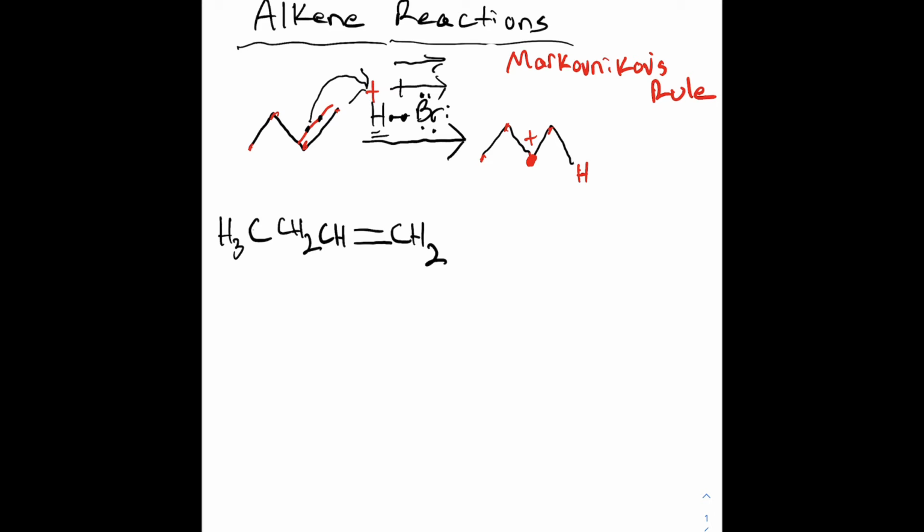So what happens when these electrons reach out and grab this hydrogen? This hydrogen leaves behind its electrons, and these electrons stay on the bromine. So the bromine atom is now floating around in your solution like this, which is negatively charged.